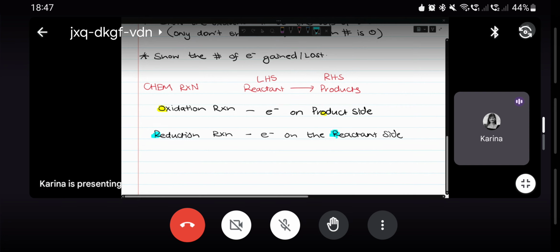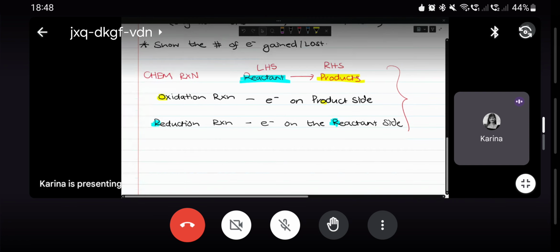And remember, if you're writing it on the wrong side, then they won't give you a mark for that because it's an incorrect equation. So make sure you actually go through this. It's an easy way of remembering, so that sorts your problem out with that. So let's just quickly look at an example to demonstrate this. We looked at the one with magnesium and oxygen giving us magnesium oxide.